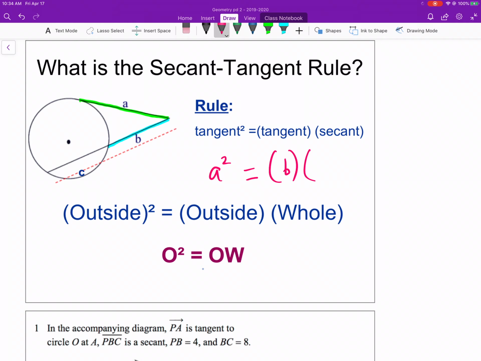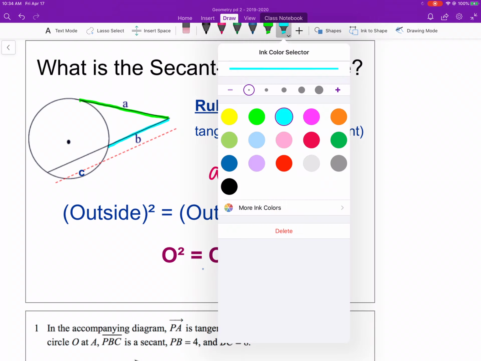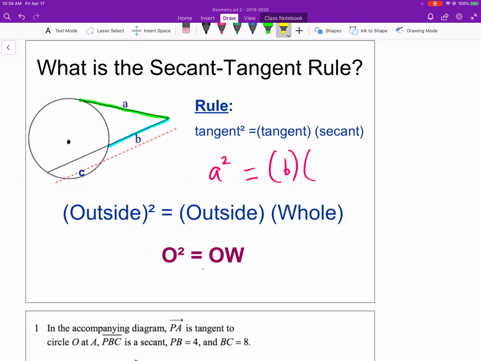The whole thing is represented as c right now. That's talking from here in yellow all the way through the whole piece. So you don't have to get caught up in those letters. I know that's a little bit confusing. At the end of the day, you'll see how it's used. It's really O squared is equal to OW. The outside times itself is equal to the outside times the whole.